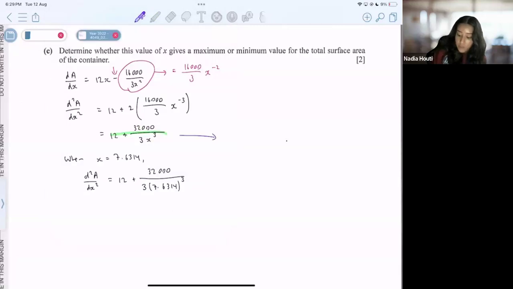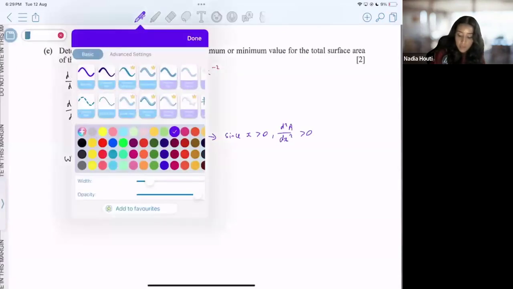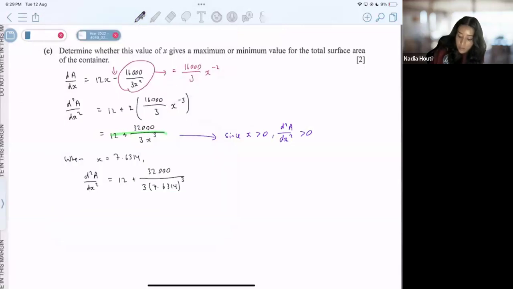So you can just continue and say, since x is greater than 0, d2A dx squared is greater than 0. You don't even have to show the substitution. But even if you do, that's still the same. You can show from here that d2A dx squared is greater than 0.